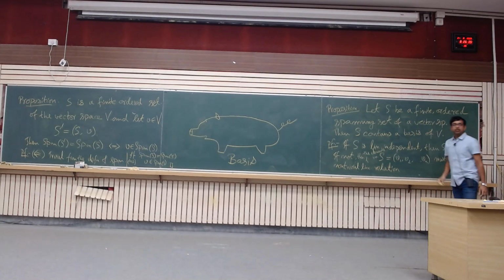Non-trivial linear relation means that you have a linear combination C1 V1 plus C2 V2 dot dot dot Cn Vn, which is equal to 0, and not all the coefficients are 0. Okay.